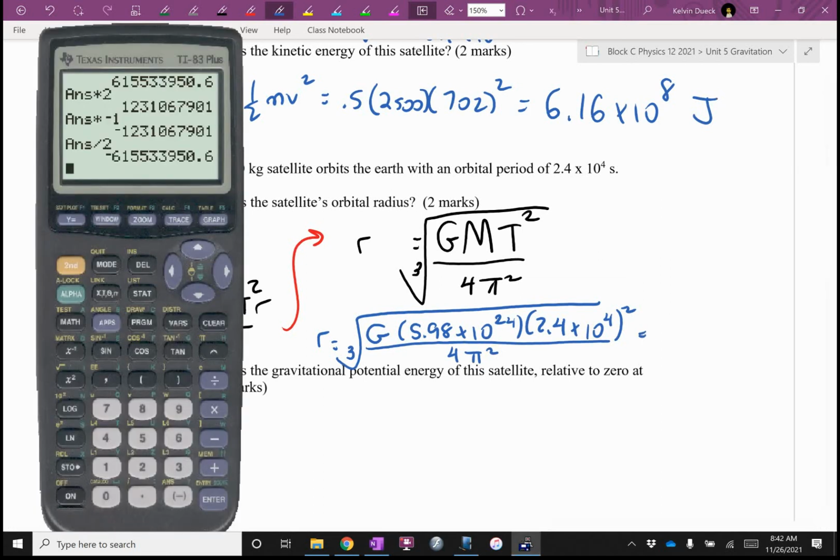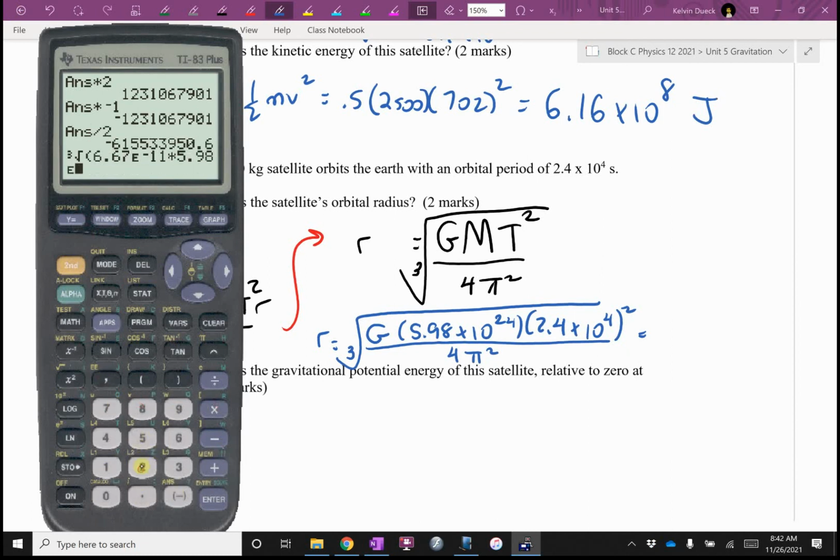My cube root button is math cube root. Bracket 6.67 times 10 to the negative 11, 5.98 times 10 to the 24th, 2.4 times 10 to the 4th squared divided by, I need another bracket, 4 pi squared. Close off the bottom, close off the cube root. Make sure I didn't make a typo.